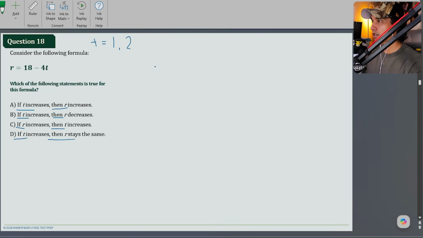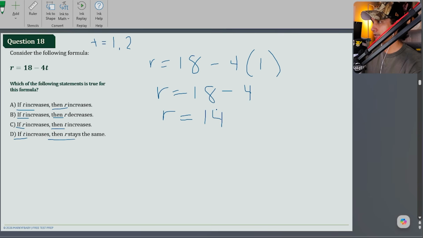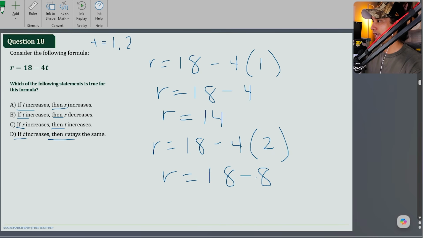So r is equal to 18 minus 4 times 1, right? And then let's simplify. 18 minus 4, r is equal to 14. Now let's plug in 2. R is equal to 18 minus 4 times 2, and then r is equal to 18 minus 8.